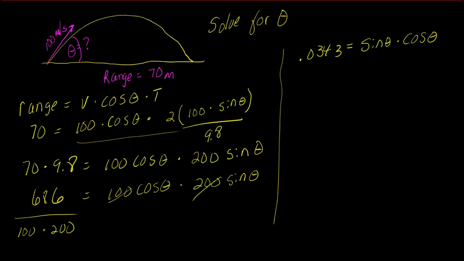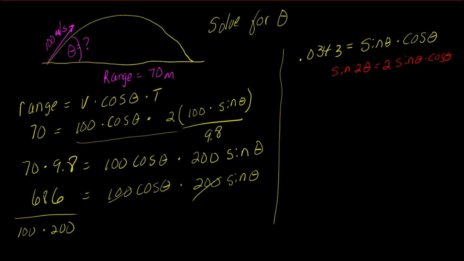Again, we're going to use this double angle identity. And the double angle identity says that the sine of 2 theta is equal to 2 sine theta times cosine theta.